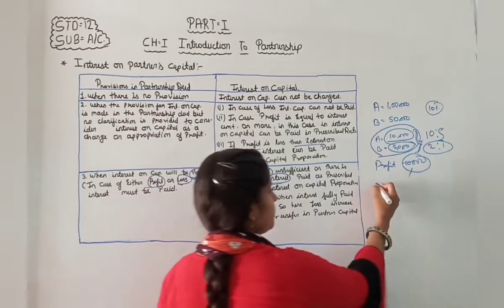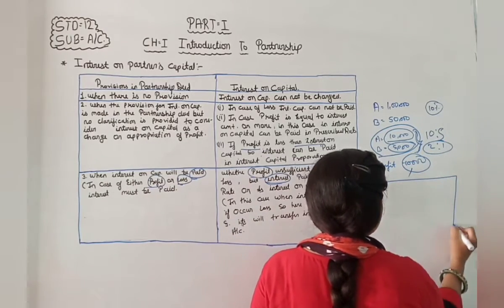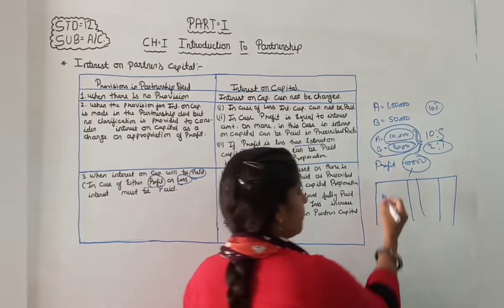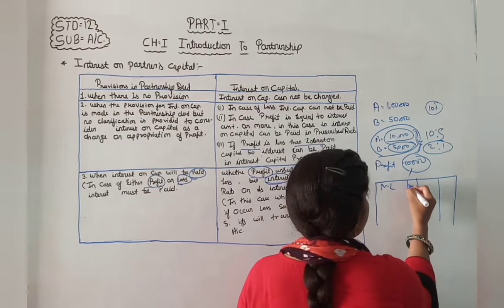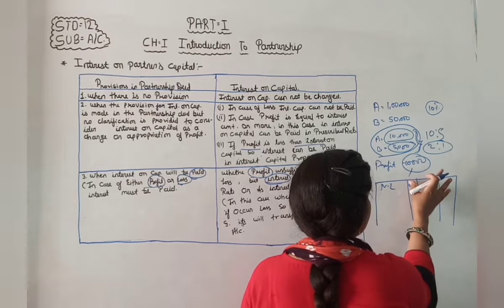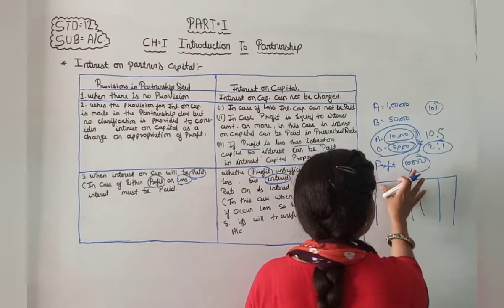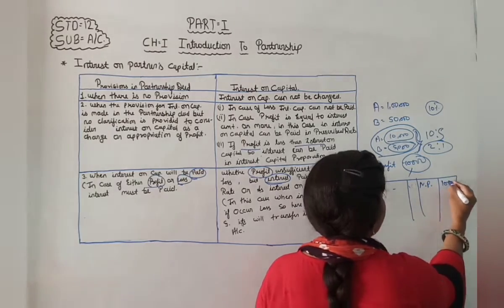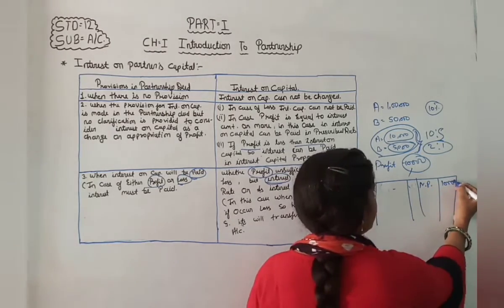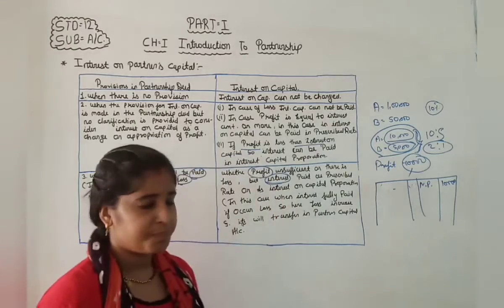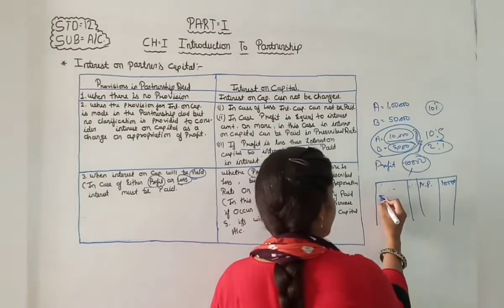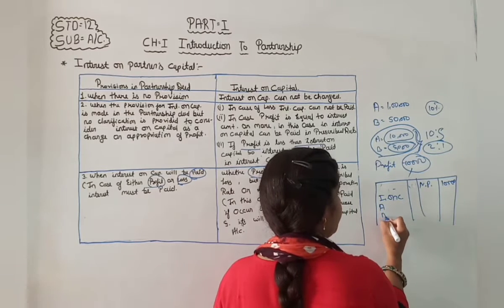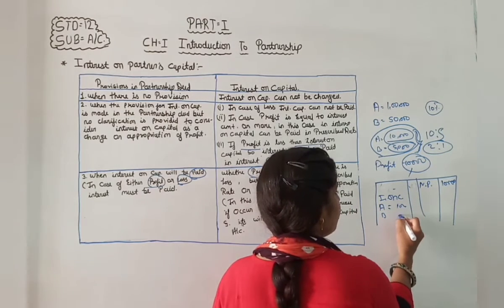You have profit of 10,000 but your interest on capital is 15,000, so you pay interest on capital to A and B of 10,000 and 5,000.